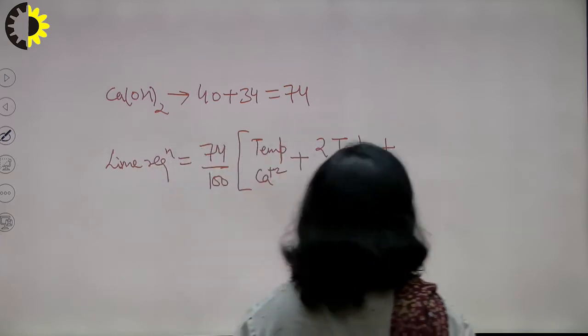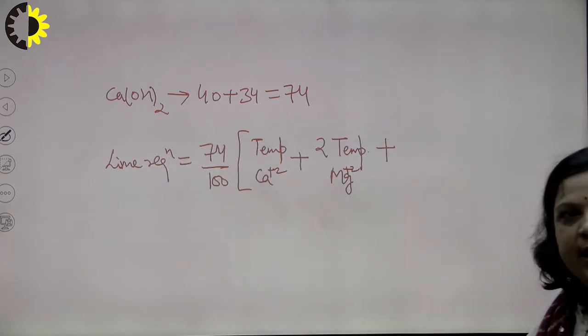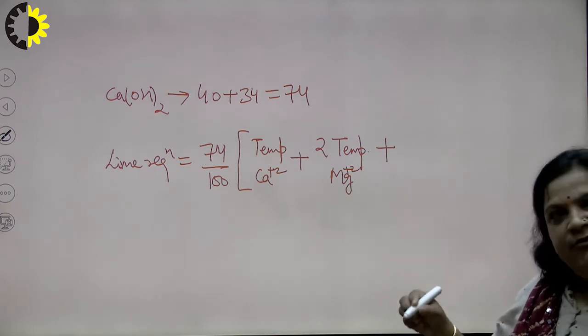For permanent, that is calcium chloride or calcium sulphate, we do not require lime, but for magnesium we require lime.